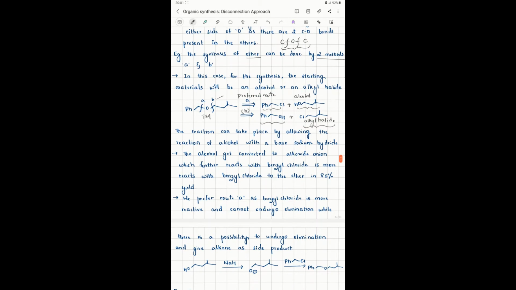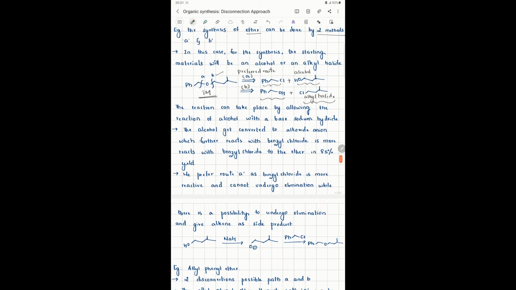Now for example, if this is my target molecule, there is a presence of an ether. There are two routes that are considered. One is route A, the other one is route B. In route A, when there is a cleavage, we are getting benzyl chloride and an alcohol as the starting material. And in route B, I am going to get a benzyl alcohol and an alkyl halide.